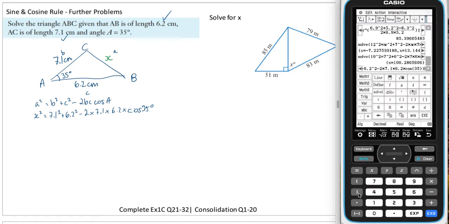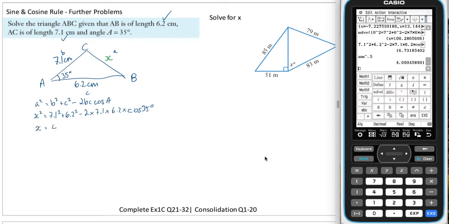So we get this answer popping out. Remember, this is x squared is equal to all this, so you need to take the square root of that. And you get x is equal to 4.09 centimeters. You can even draw that in the diagram if you like.